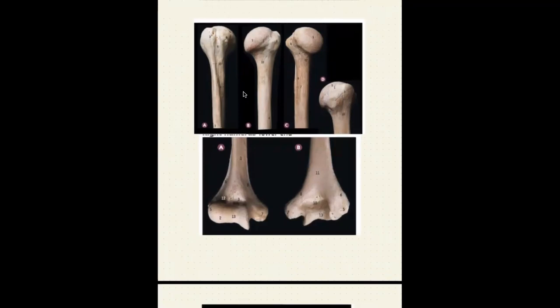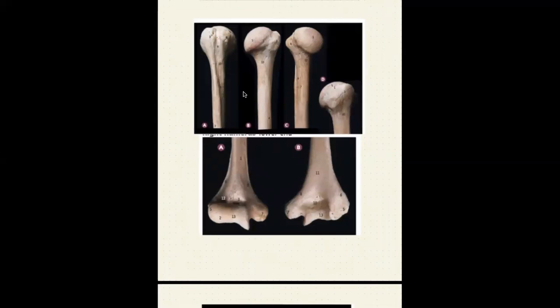Okay, could you tell me what is this? This is lower end of humerus. Which sided, doctor? Right or left? This is right side. So why do you tell me this is from the right side?